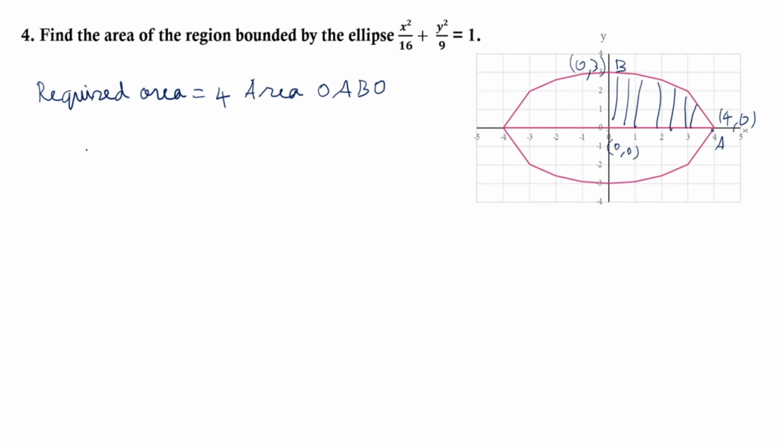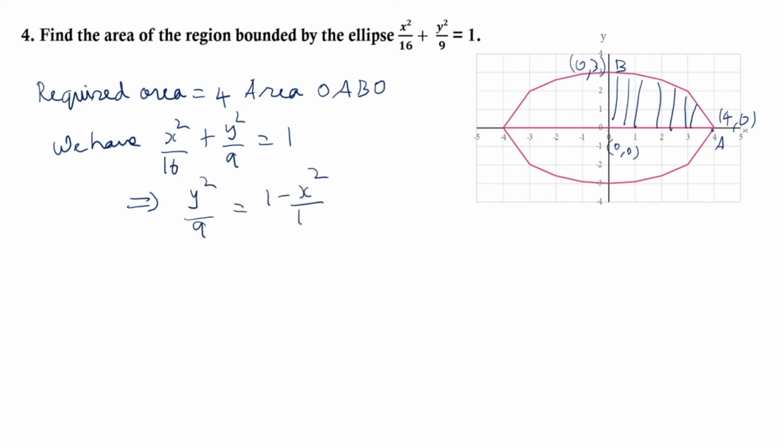So let us take x square by 16 plus y square by 9 is equal to 1. From this we have y square by 9 is equal to 1 minus x square by 16, or y square is equal to 9 by 16 into 16 minus x square.